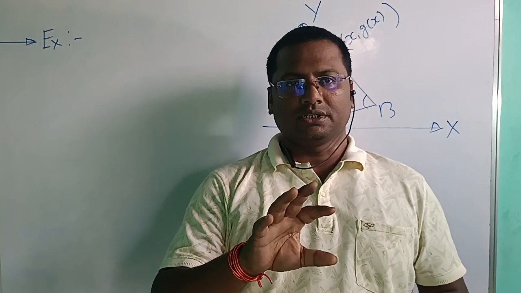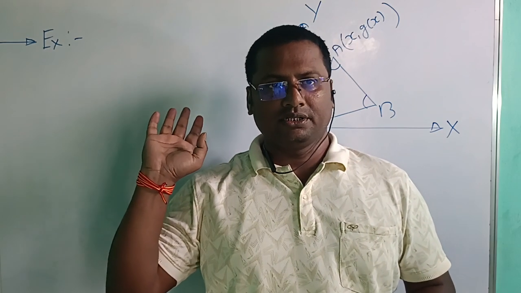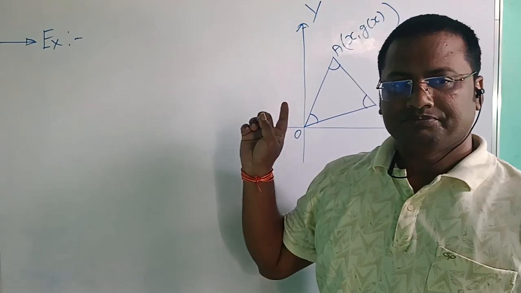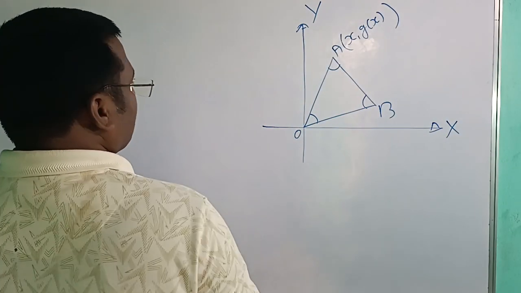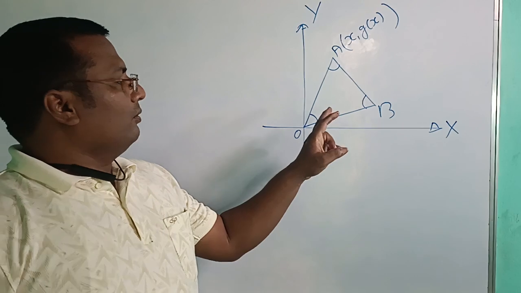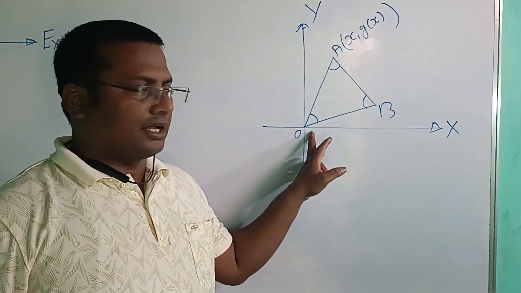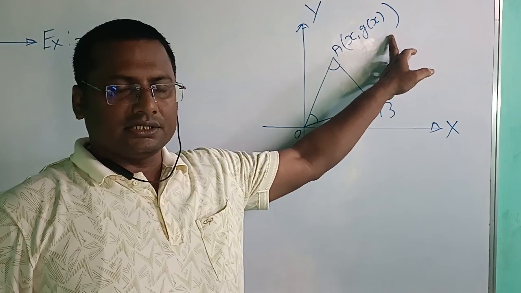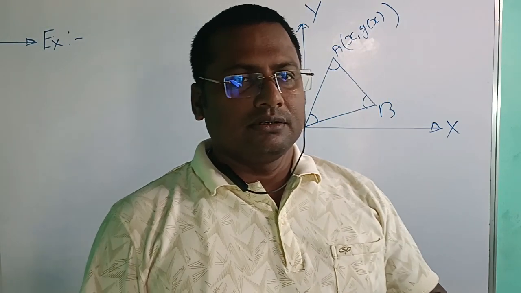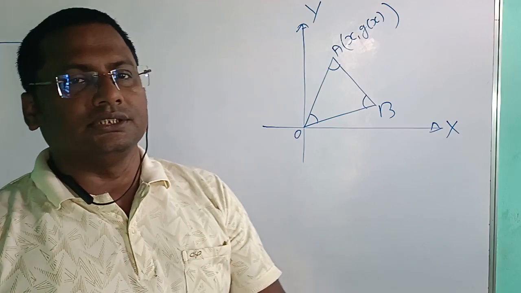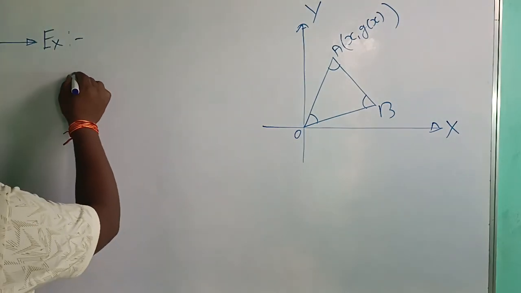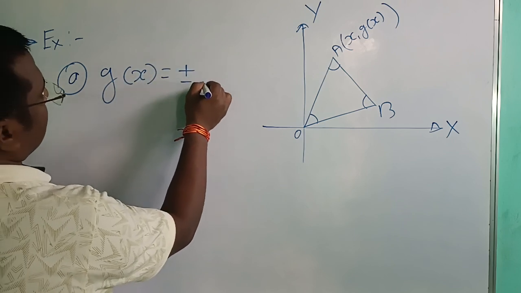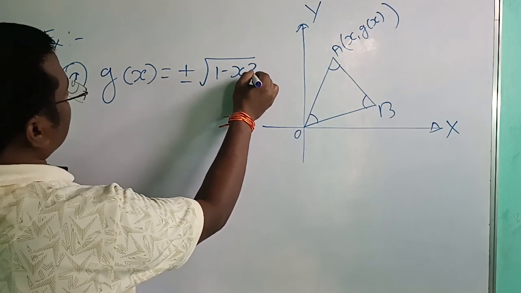Now we are going to discuss one example related to function. This question was asked in IIT JEE. The question is that one vertex of an equilateral triangle is at the origin and the coordinate of another vertex is (x, g(x)). The question is asking, then the function g(x) is: option first, g(x) equal to plus minus root under 1 minus x square.